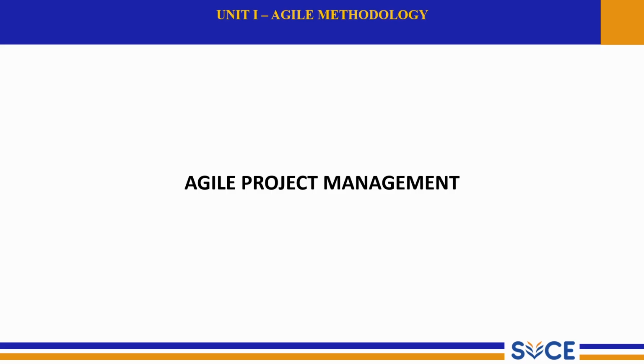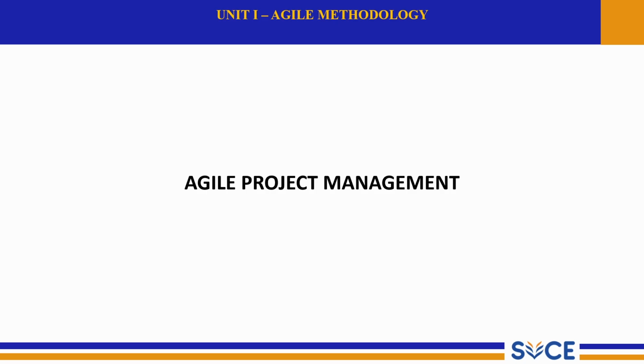Today the topic is Agile project management from Unit 1, Agile methodology. Agile project management is a modern approach to handling projects, especially software projects where requirements change frequently. Unlike traditional project management methods like waterfall, Agile focuses on flexibility, customer collaboration, and iterative delivery.